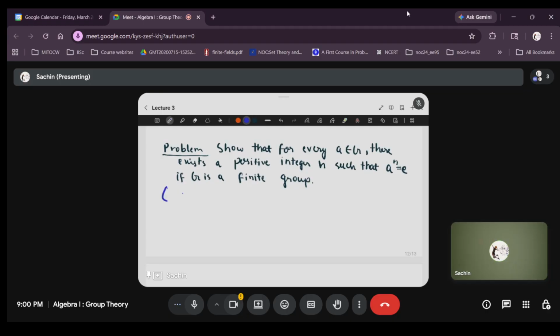G is a finite group. What does that mean? That simply means that the set G has a finite number of elements.